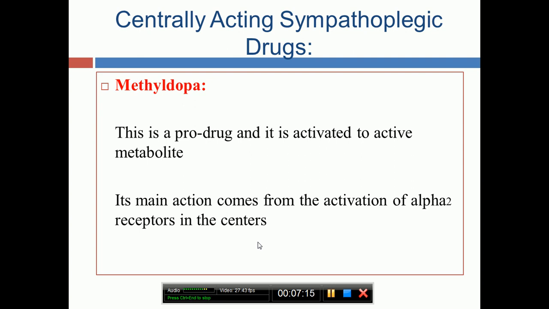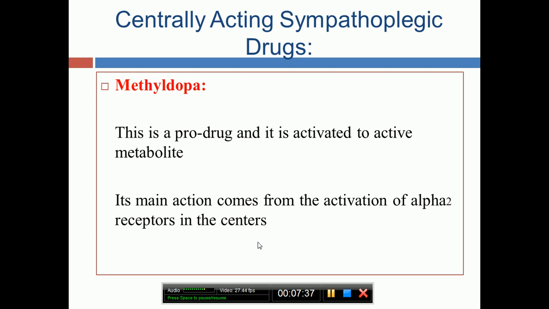Centrally acting sympathoplegic drugs like methyldopa. Whenever we study a drug, we study its mechanism, its chemistry, its pharmacokinetics, its organ system effects, and side effects as well. So methyldopa is a prodrug and it is activated to an active metabolite.